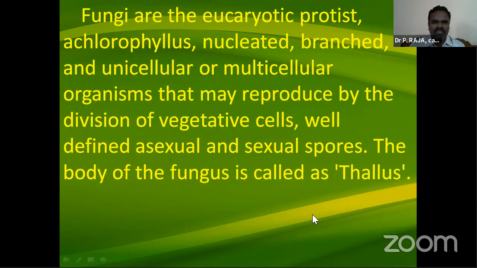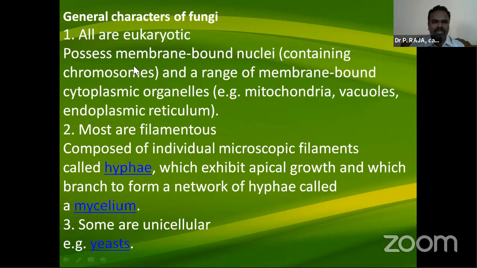And if you see the general characteristics, most are eukaryotic. What do you mean by eukaryotic? It has a true nucleus. The nucleus is surrounded by a membrane, and you can see a range of membrane-bound cytoplasmic organelles like mitochondria, vacuoles, and endoplasmic reticulum.